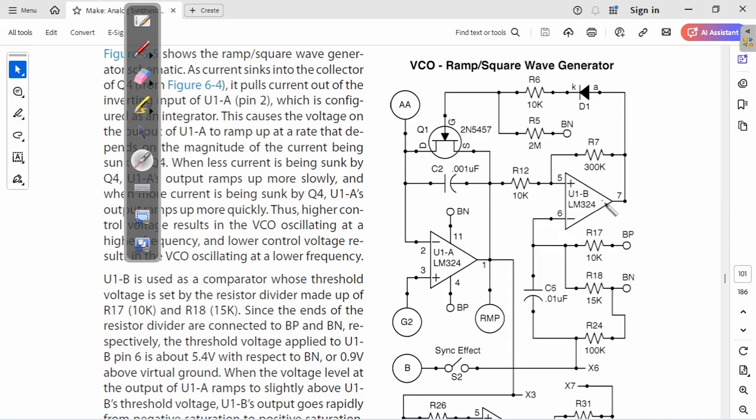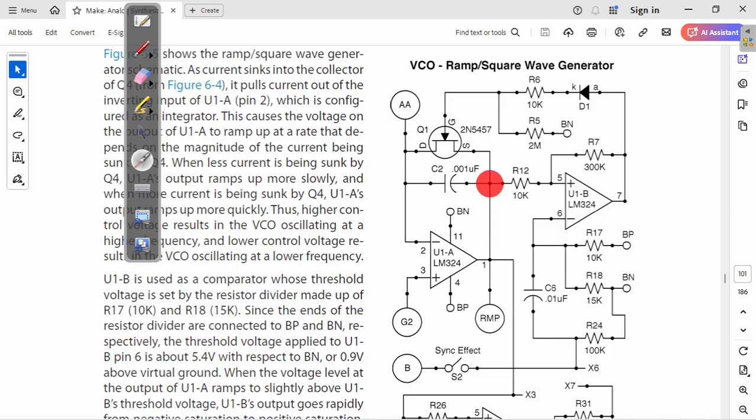And as usual, when you have a comparator, you are putting a resistor in the positive feedback loop. So that gives you some hysteresis so that the output doesn't switch very rapidly between positive and negative saturation when the two inputs are almost equal.